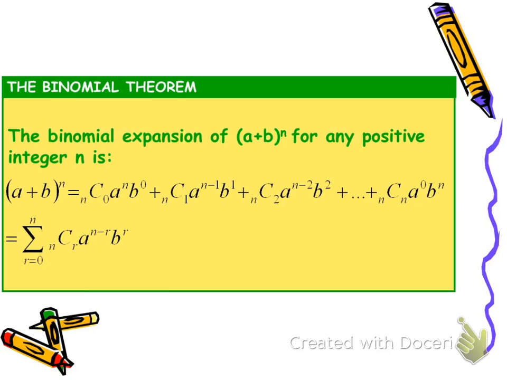In the rule, we always have this combination in front of our a and b term, where the combination uses the upper limit, the n, the exponent, and then the r. Now r is going to start at our lower limit, which is 0, and for each term that's going to increase 1. Then look at our a term.